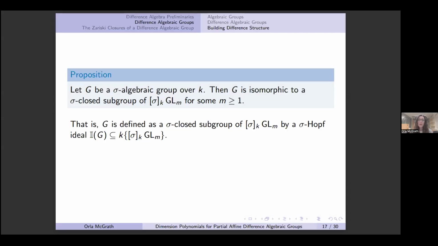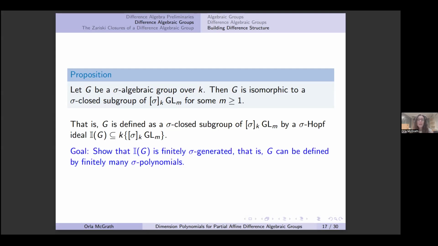Recall that because G is a difference closed subgroup of sigma K GLM, it's defined by some difference Hopf ideal of this difference algebra that represents sigma K GLM. So our goal in the paper and for this talk, well, one of the goals, is to prove that this difference Hopf ideal is finitely difference generated.